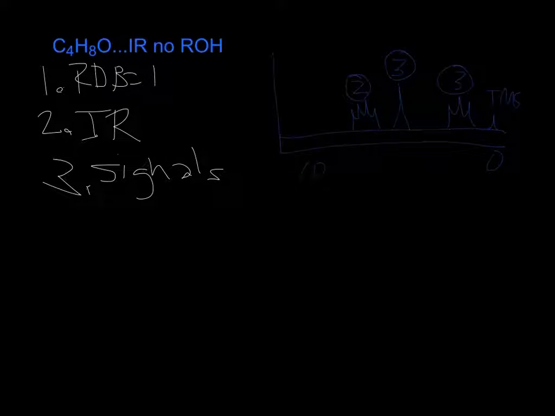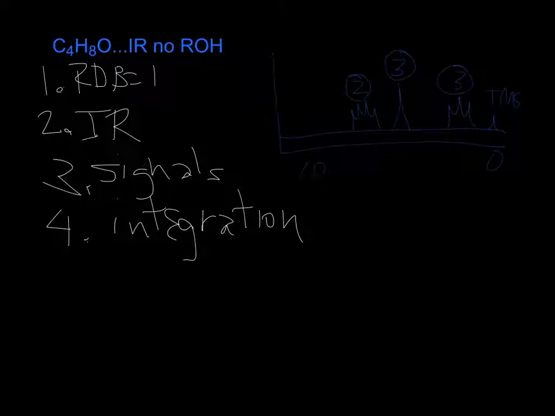All right, and then the 4th thing, and then we're going to elaborate on this in just a moment. You had to do the total number of signals, then we needed to do the integration. My pen is still charging, so we have to use my finger, and unfortunately it's not nearly as neat. What's the integration, just like from calculus? It's the area under the curve. And what does that tell you?